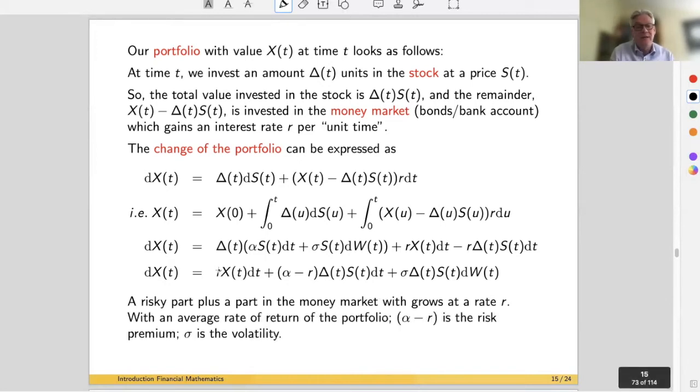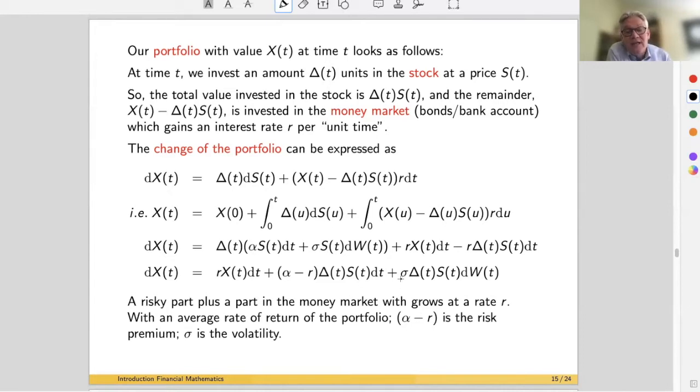And we typically also say that alpha minus r is something like a risk premium. The growth rate of the stock, alpha, we typically say is larger than r, putting money on a bank account. Otherwise, if that were the same, why would you invest in stocks? So alpha minus r is something like the risk premium.